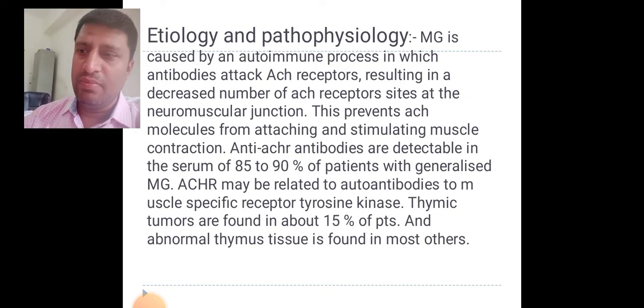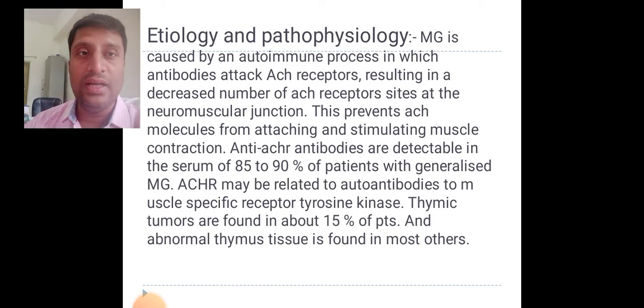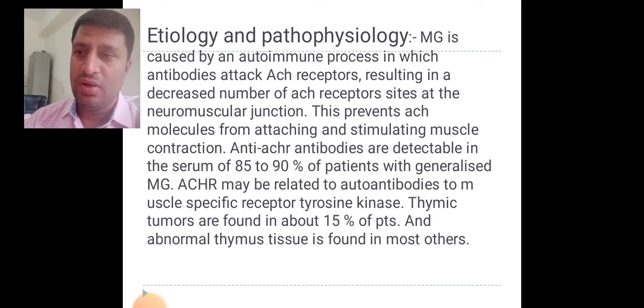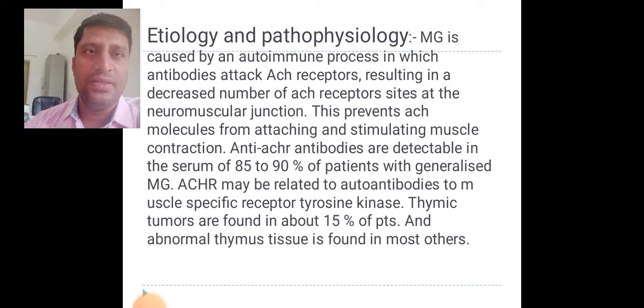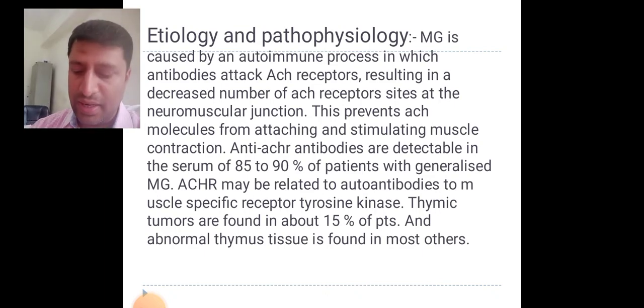In many diseases, our own body cannot recognize a foreign substance or infection, and there is initiation of self-destruction by our own antibodies towards a specific organ or tissue or the neuromuscular junction. This is a classical example of an autoimmune disease, that is myasthenia gravis.